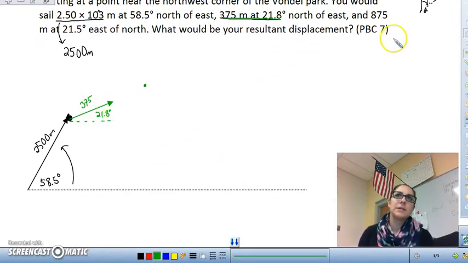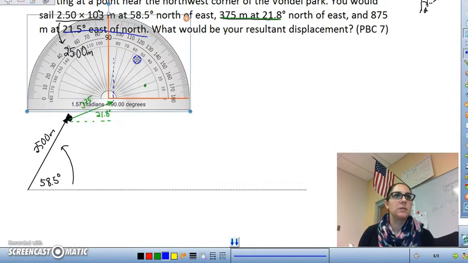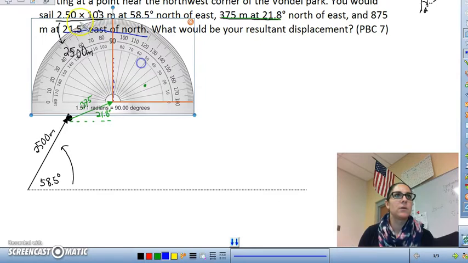And then lastly, it's 875 at 21 degrees east of north. So this one, let's do it in blue, east of north, we need to find the north part. Here we go. That would be north, if you will. And the way we're going to measure it, it's going to be east of north. So here we are, 21.5, so about 20.